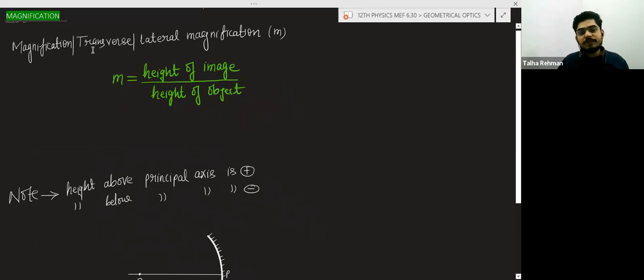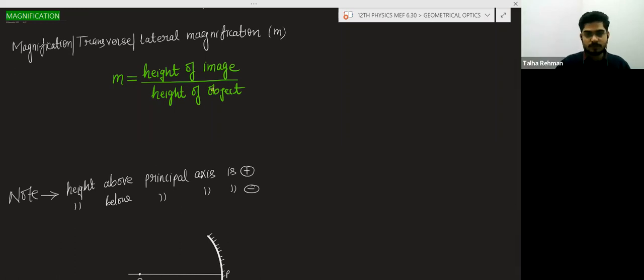We have the transverse or linear magnification. There is one more, angular magnification, that we are not discussing. So magnification is height of the image divided by height of the object. This magnification is also given by minus of image distance v divided by u. Very important.